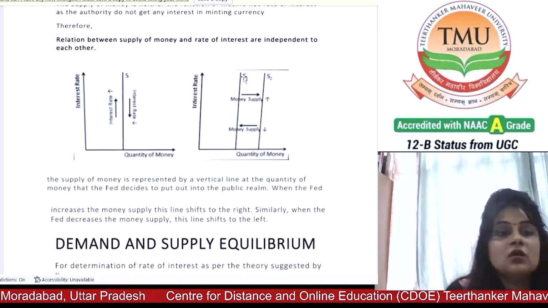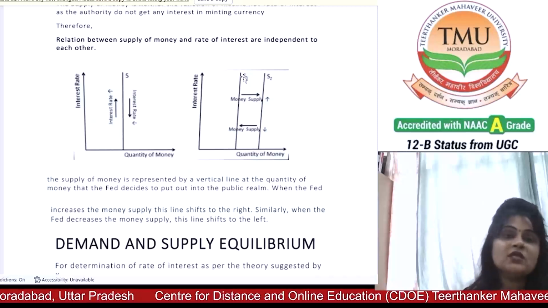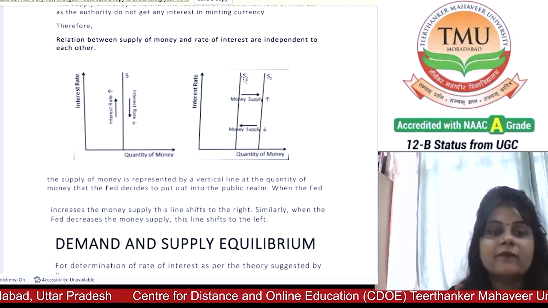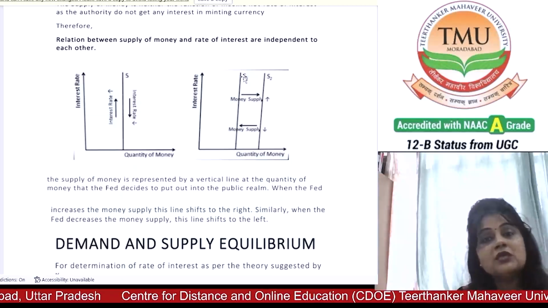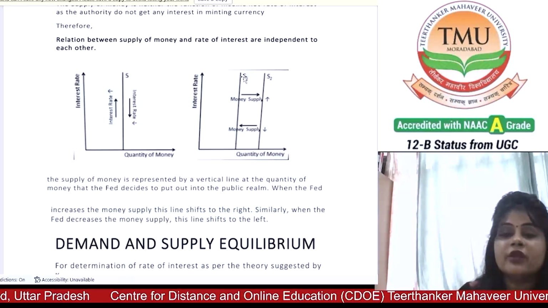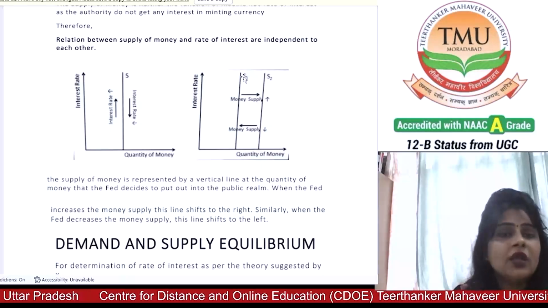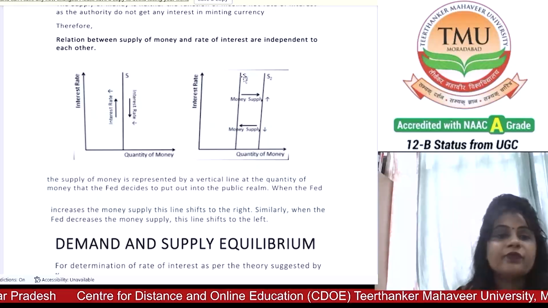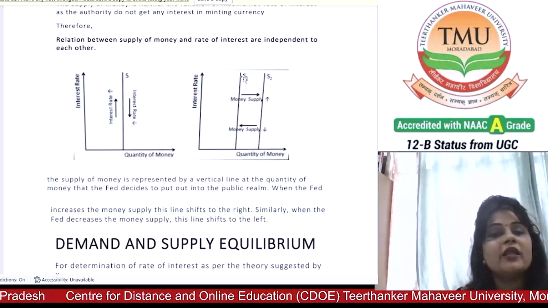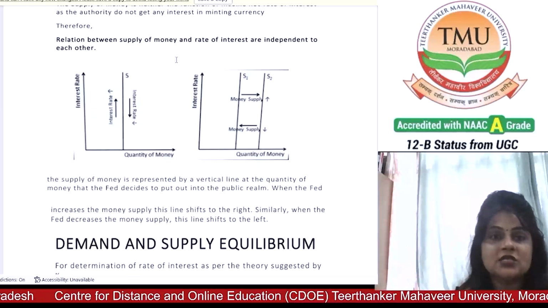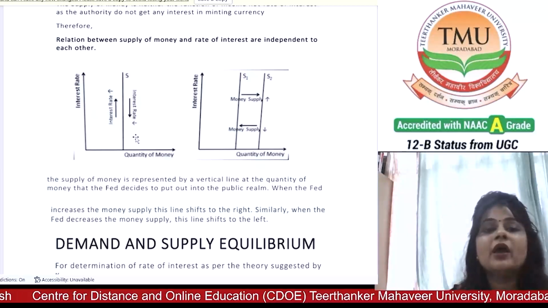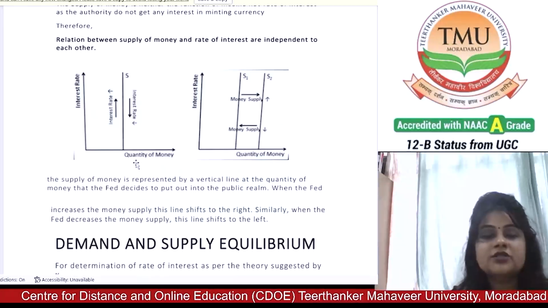In simple words, the supply of money refers to the total quantity of money in the country. Though it is a function of the rate of interest to a certain degree, it is considered to be fixed by the monetary authorities. Hence, the supply curve of money is taken as perfectly inelastic, represented by a vertical straight line.